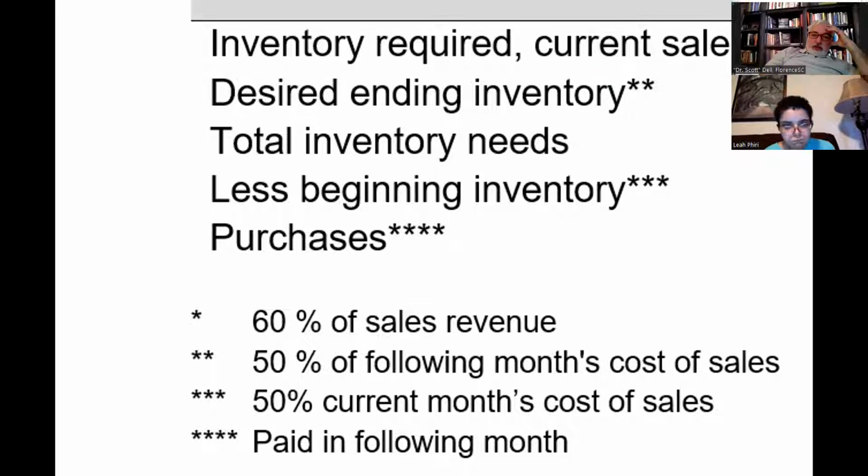And you'll see that with the asterisk here, when we're going to have our table of sales, we're going to take 60% of that. We're going to take 50% of the following month's cost of sales, and then 50% of the current month's cost of sales, paid in the following months. So we're going to go ahead and create that spreadsheet for July, August, and September. So how do we do that? Well, let's go make a spreadsheet.